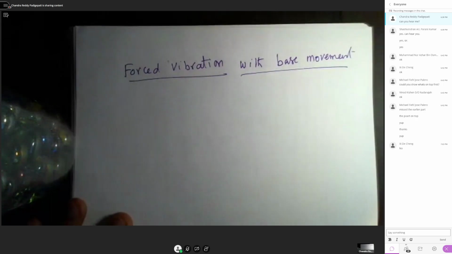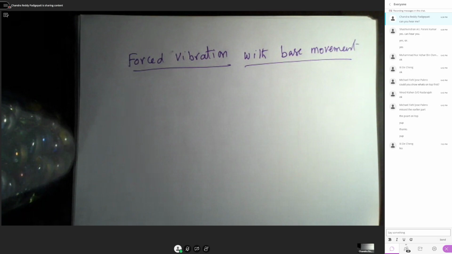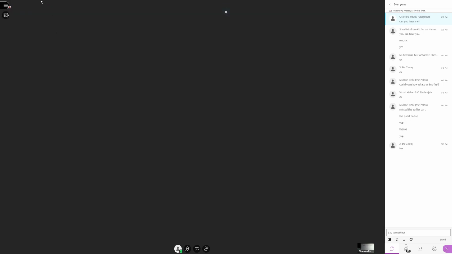So here the forced vibration is caused by the movement of the base of the system. All right, I will use the slides from here onwards. So this is precisely topic 4, and this is quite important.